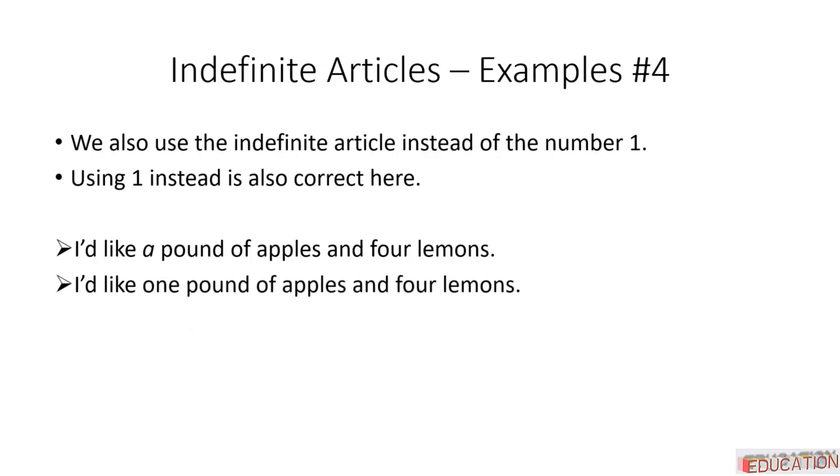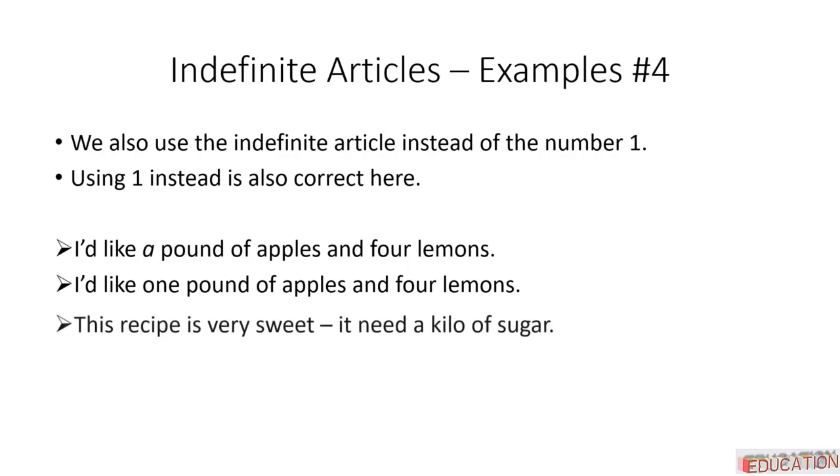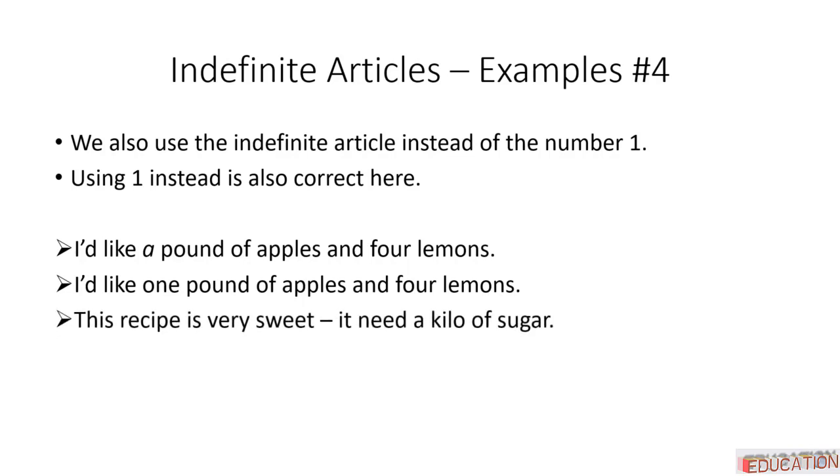You could equally as well say, I'd like 1 pound of apples and 4 lemons. This recipe is very sweet. It needs a kilo of sugar. I'm in a hurry. I can only stay for a minute. And in this last example, for a minute, we don't mean literally 60 seconds. We just mean a short while.